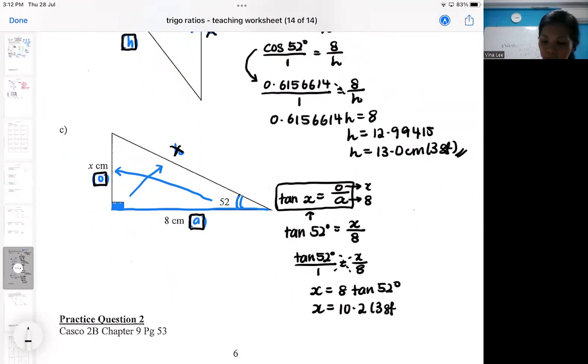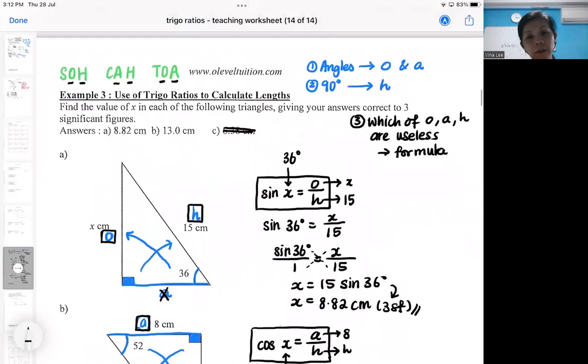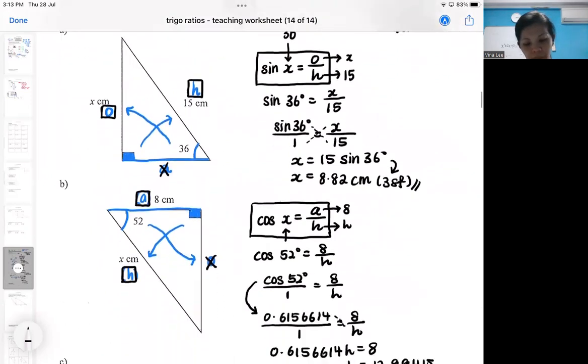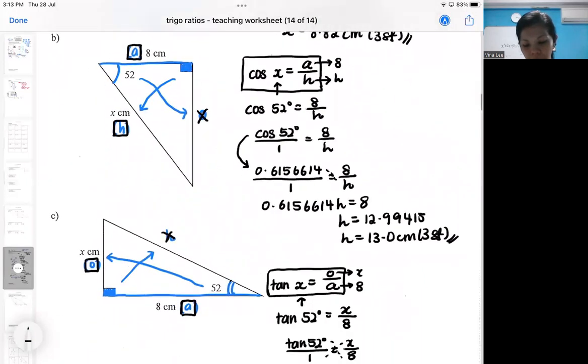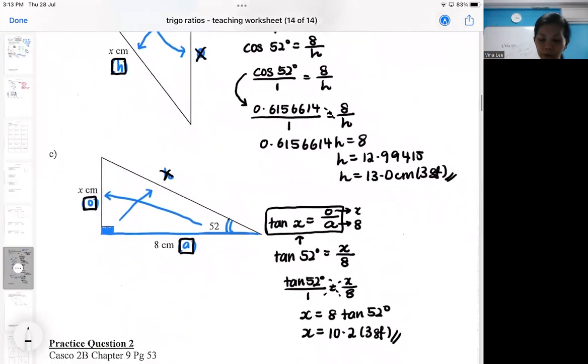So that is a 3SF answer. So you need to get used to the procedure. Get your 90 degree, find your H, get your angle to decide your O and A. And in order to know which formula is the one that is meant for it, you got to decide which of them are useless. So as you can see, the one that is useless, I will cross it out. Whatever I'm left with will be whatever I need for the formula.